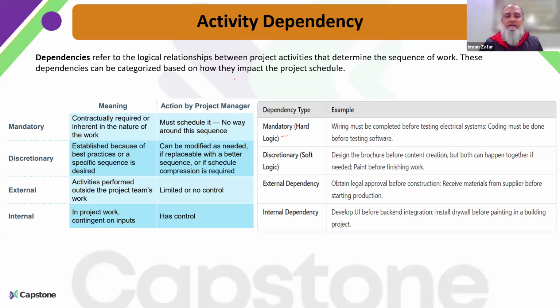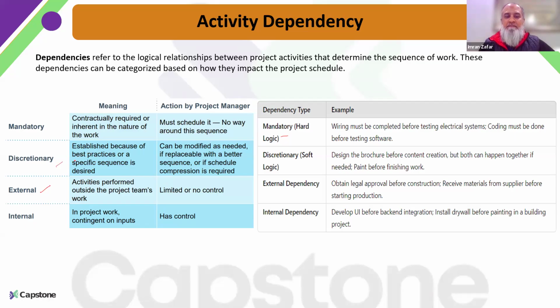That is mandatory, and it could be an external dependency as well, because we are bound to follow it due to certain regulations or government-related obligations. With mandatory or external dependencies, as a project manager or project team, we have no control over them. We have to live with this dependency and schedule accordingly.